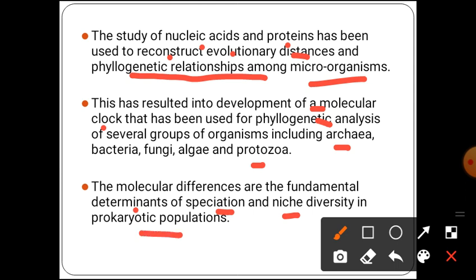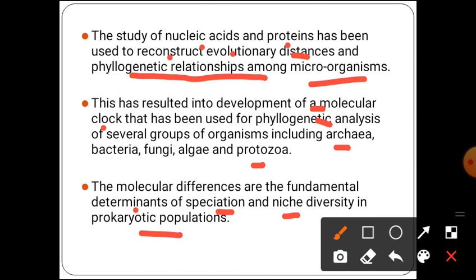This is all about the molecular context. What are the molecular contexts? The molecular context involves nucleic acids, proteins, lipids and carbohydrates, which can vary from one species to another.